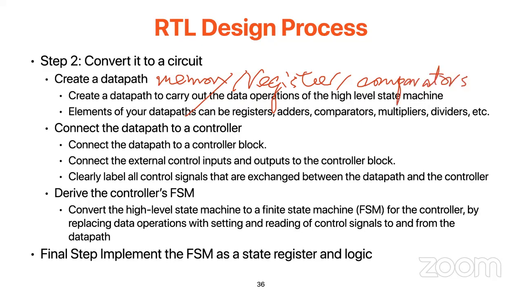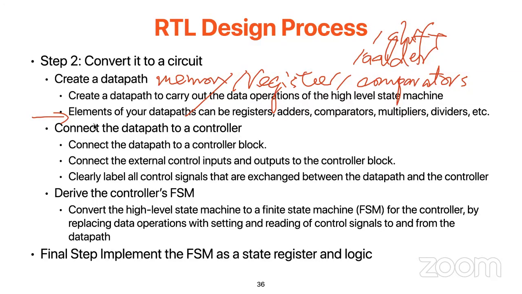If you want to do add, you need adders. And if you do want to shift, you need a shifter. So we have talked about all of this. That's why we spend so much time talking about these data path components, because if you want to do a system design, they are essential.